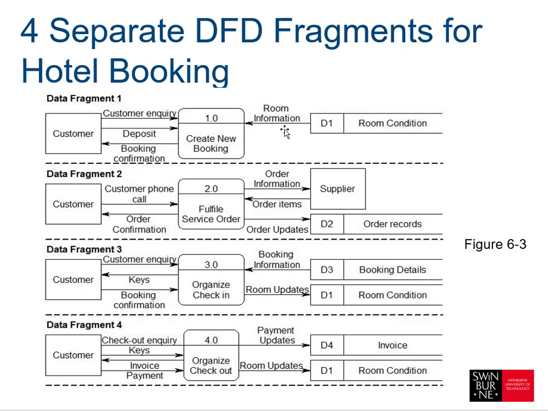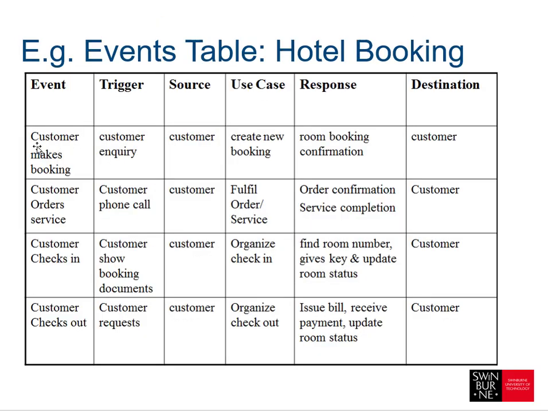So room information goes into the system, or is read by the system, right? So you can see this complies with your DFD event table, right? So the response is room booking and the confirmation.